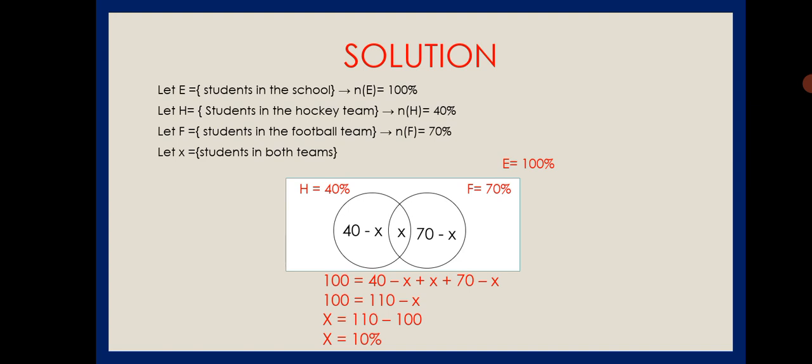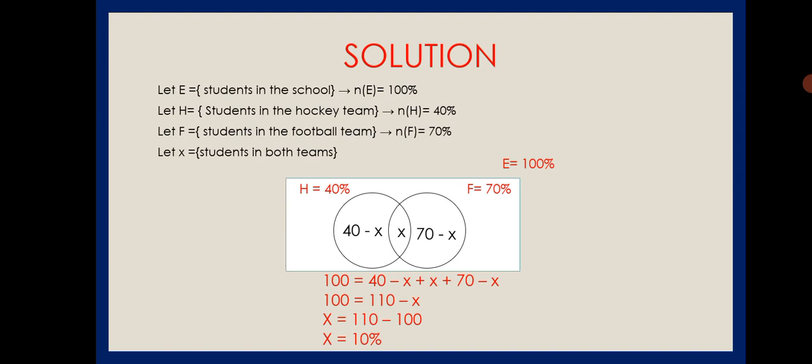So therefore, remember we said to be able to find region 3, that's R3, we need it out of region 1 and region 2. So therefore, it's going to be 40 minus X and then 70 minus X. When we subtract from both sets, at the end of the day, we are going to get the students that belong to, or that are in, the hockey team and also the football team.